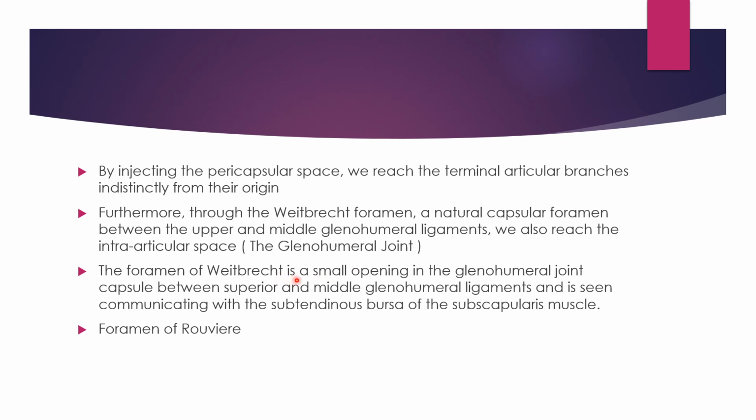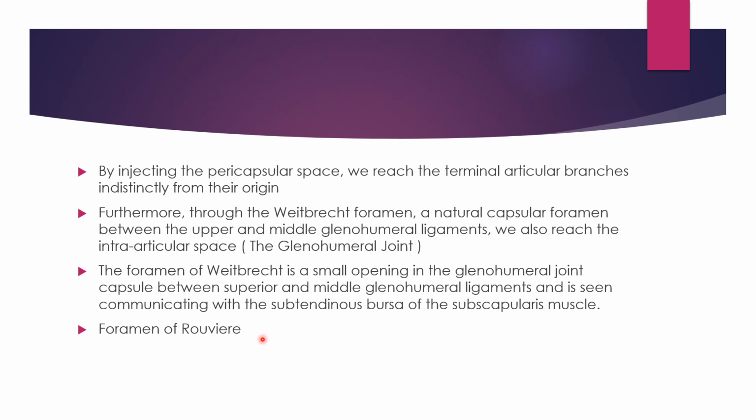This foramen of Weitbrecht is a small opening between the superior and middle glenohumeral ligaments in the joint capsule, and is seen communicating between the subtendinous bursa of the subscapularis muscle and the subcoracoid bursa as well.